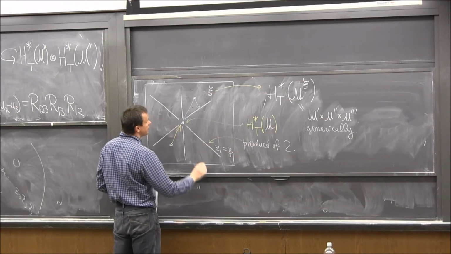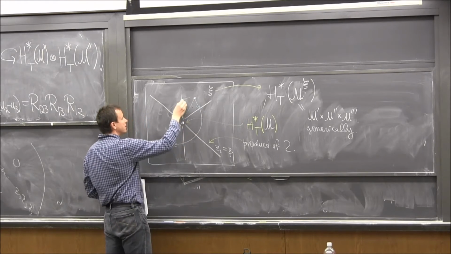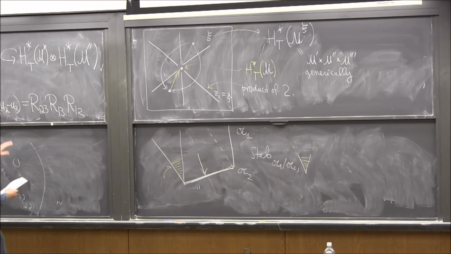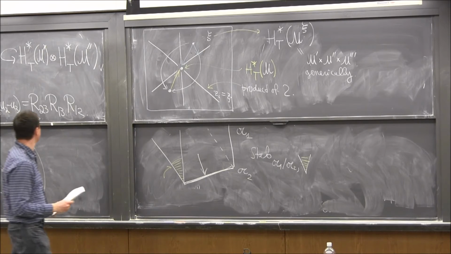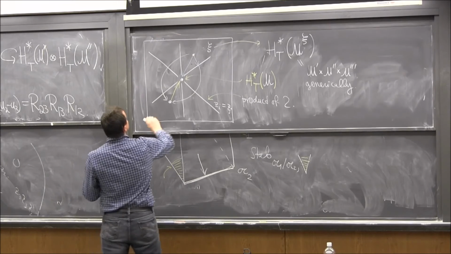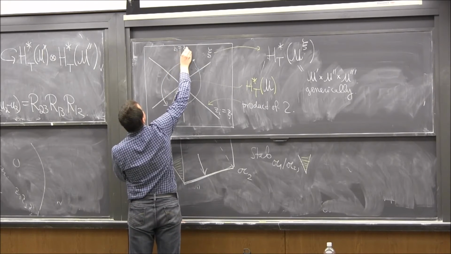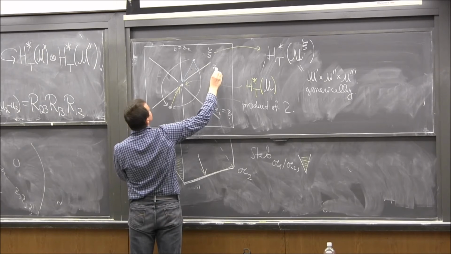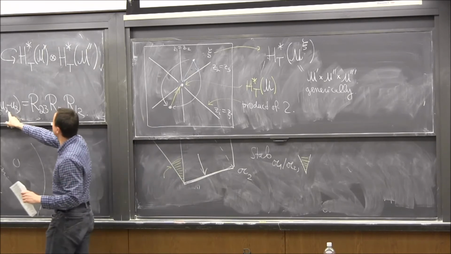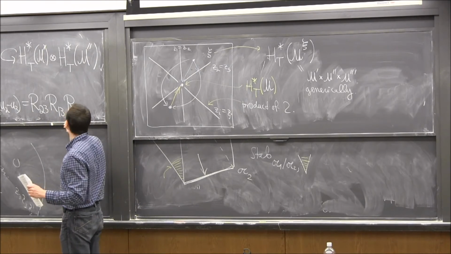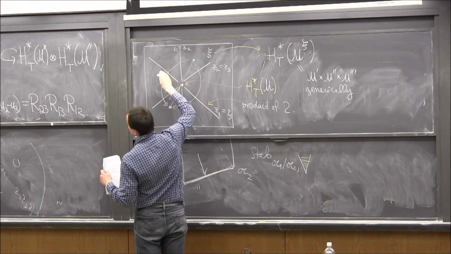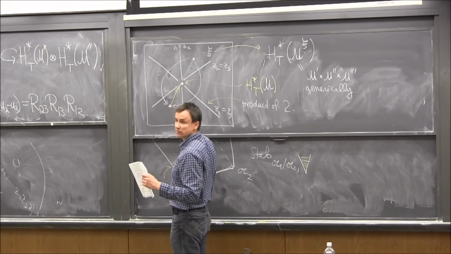Well, this you can do by crossing these 3 walls or these 3 walls. And that's precisely what this equality tells you. Because in this picture, maybe here Z1 becomes equal to Z2, and here Z2 becomes equal to Z3 first. That's the first wall you cross on one side, and the first wall you cross on the other side. Then you cross the Z1 equals Z3 wall second, and then you cross the other wall, and you end up here.